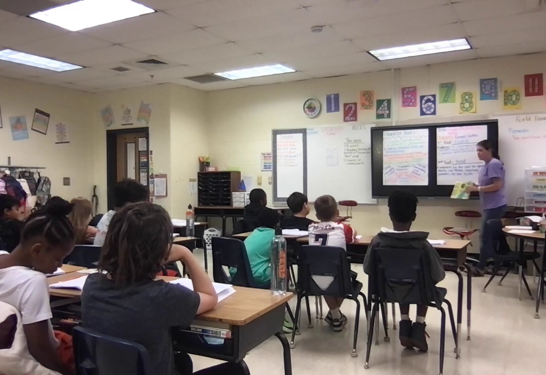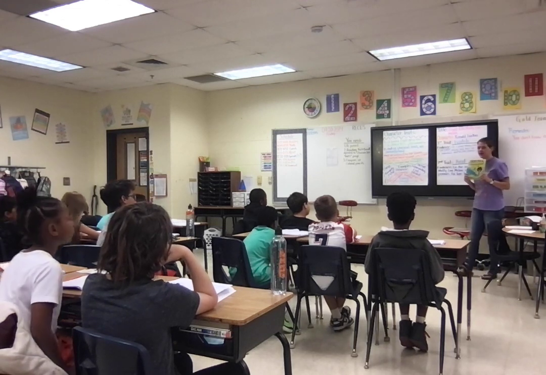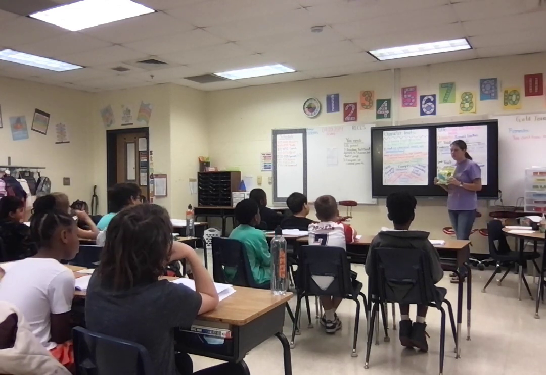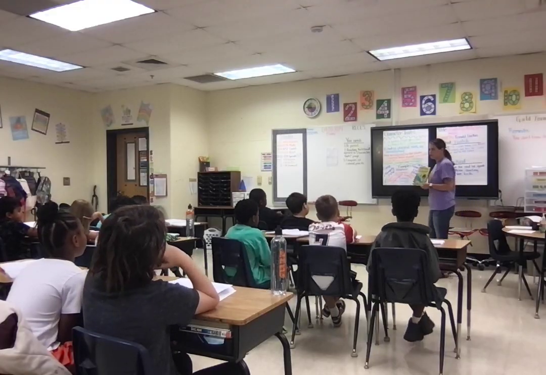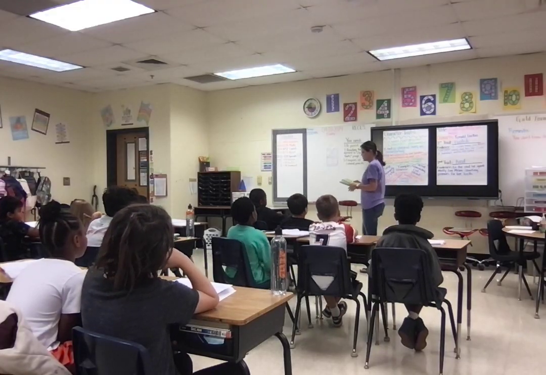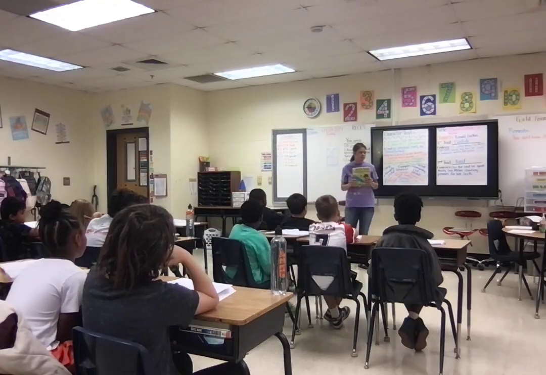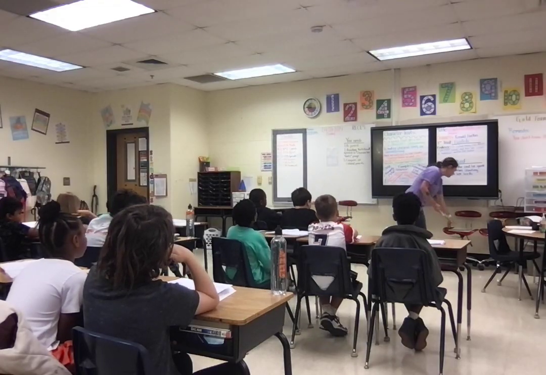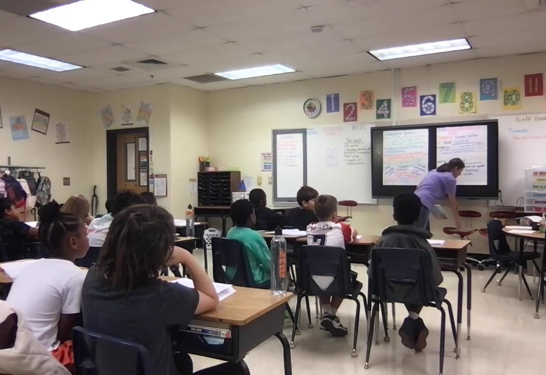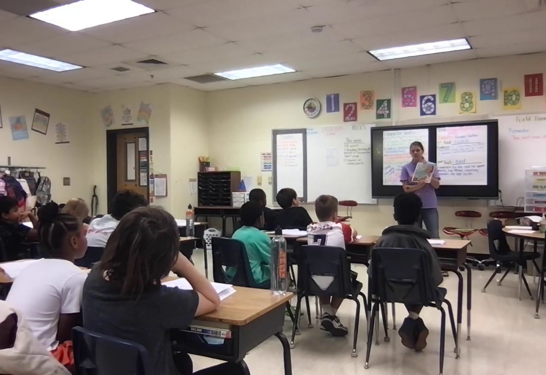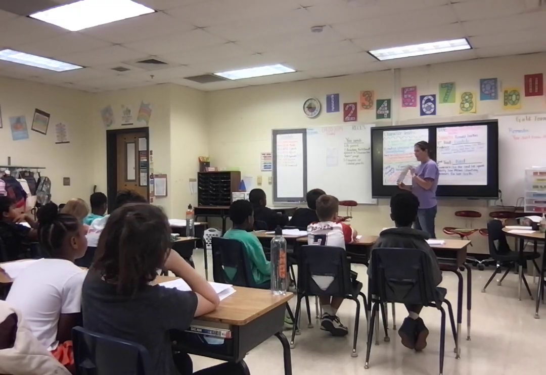Okay, so there are many more character traits that he displayed in the book, but those are the two we're going to do on the board together, okay? So now that we're done with this book, we're going to read a new book. This book is called Precious and the Boo Hag, okay?